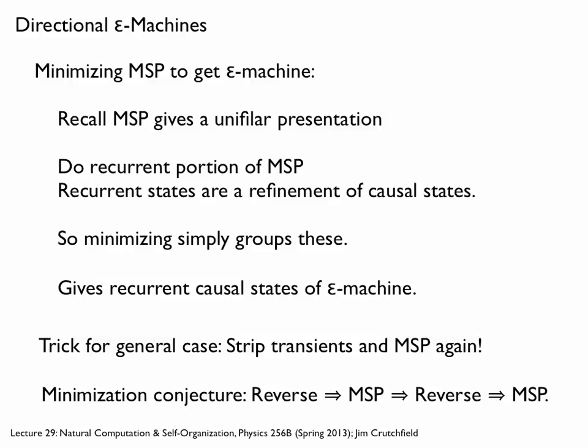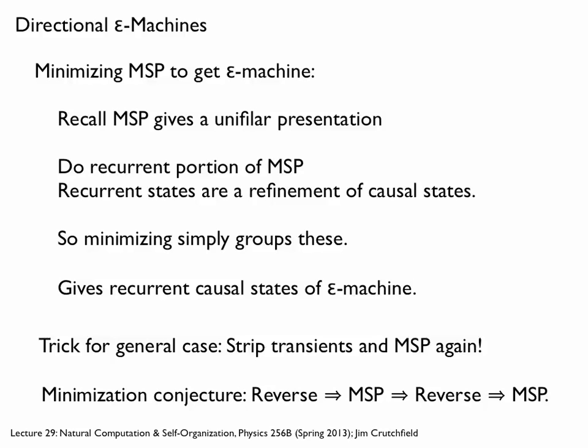Now, there's a little bit of a trick in this. If you strip the transients and calculate the mixed state presentation, that can also minimize. Now that we have the computational mechanics Python software that does this for you, this is an easy next step to do. Just do it again.